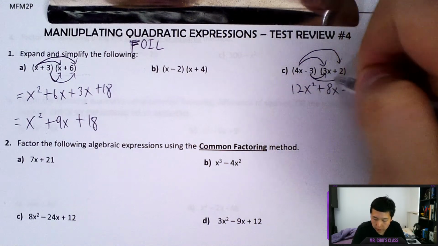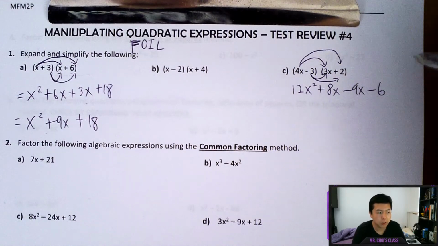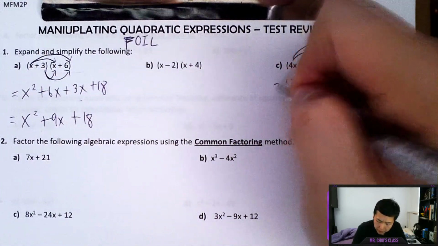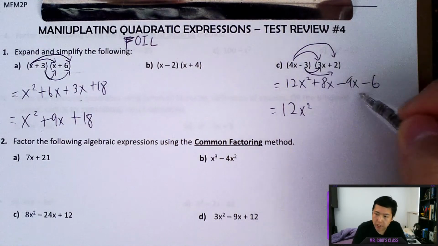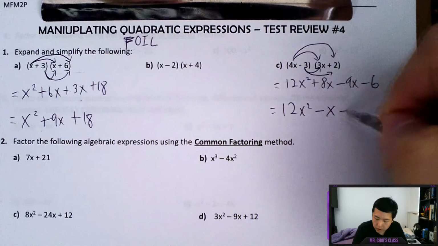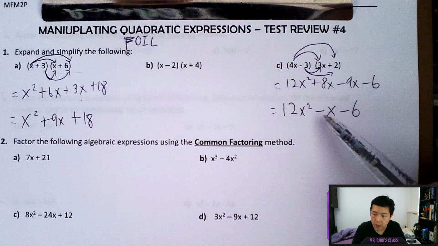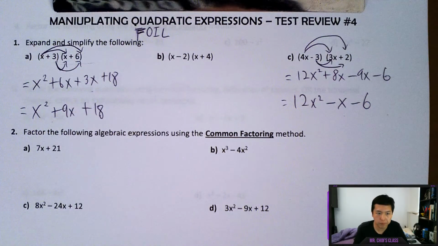And then negative 3 times 2 is negative 6. And so there we have it so far. And then we combine our like terms. So 12x squared stays. 8x minus 9x gives me negative 1x or negative x. And then minus 6. And so there we have 12x squared minus x minus 6. So there we have question 1.